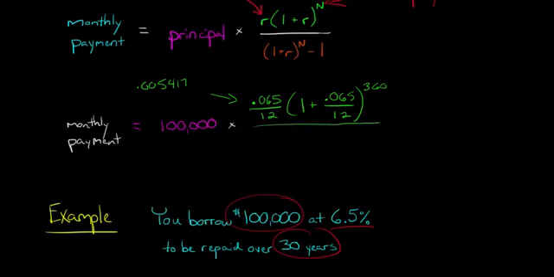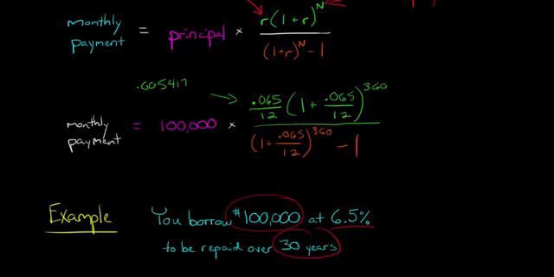Now in our denominator, the bottom part of our fraction, we're going to have 1 plus 0.065 divided by 12 to the 360th power. That's that n again. And then we're going to subtract 1.